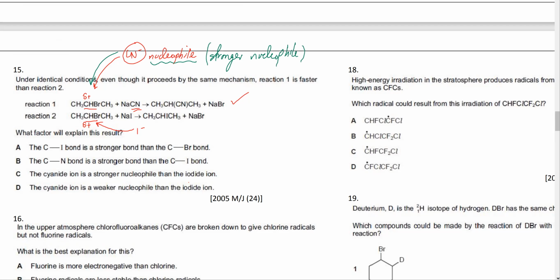Remember that I minus also has a negative charge, but all negative charges are not exactly the same. Some have a stronger negative charge density, so the attraction is much stronger. So the correct option for this would be option C.